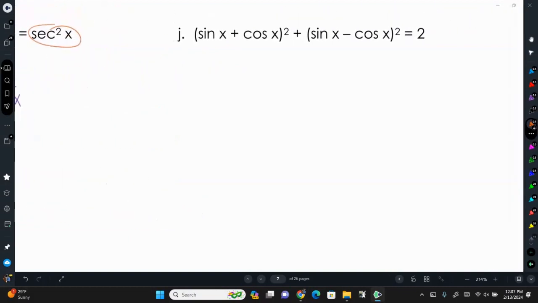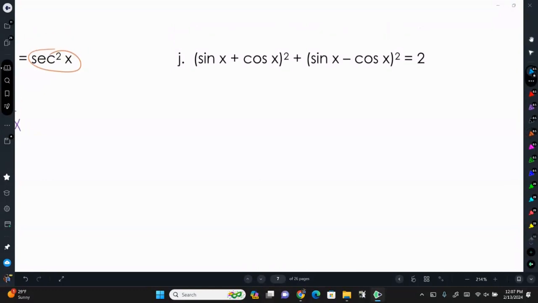This last one here, we have sine x plus cosine x, quantity squared, plus sine x minus cosine x, quantity squared, equals 2. So remember, we can't distribute that square. Again, we can't distribute that square. But what we can do is use our special factoring patterns.